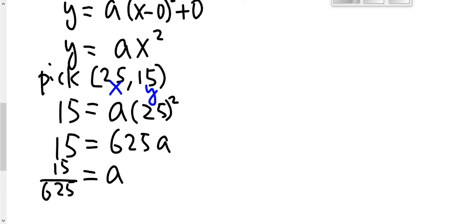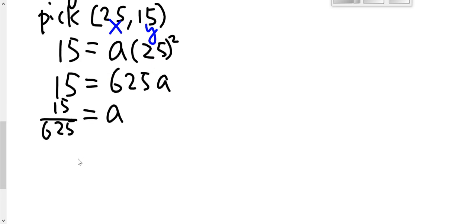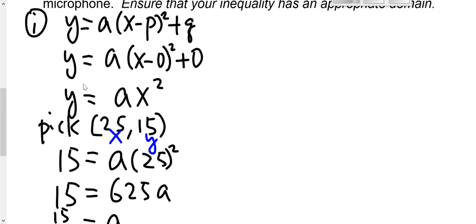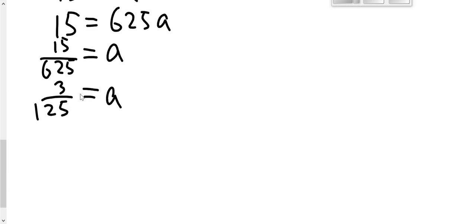And of course, you can simplify this. That means a is 3 over 125. Now we know a, we can plug in a, which is 3 over 125 here. So y equals a times x squared, y equals 3 over 125 x squared.